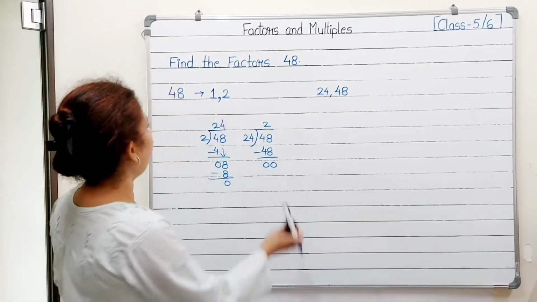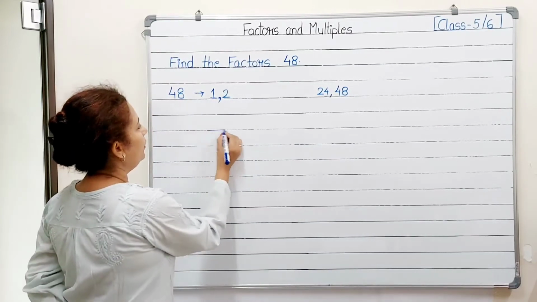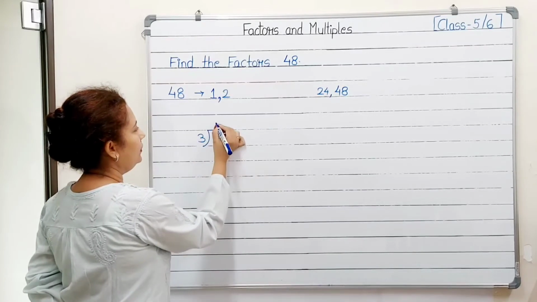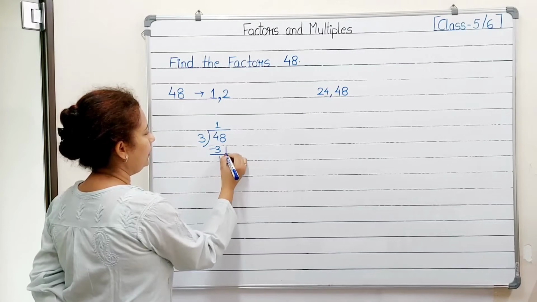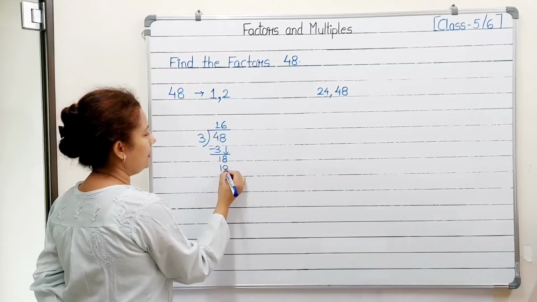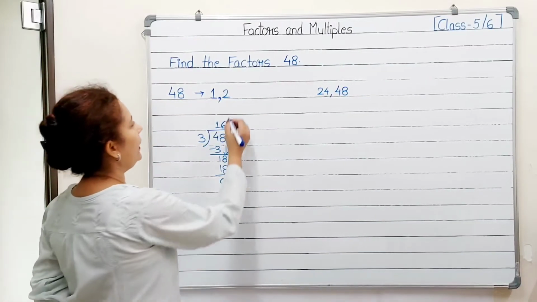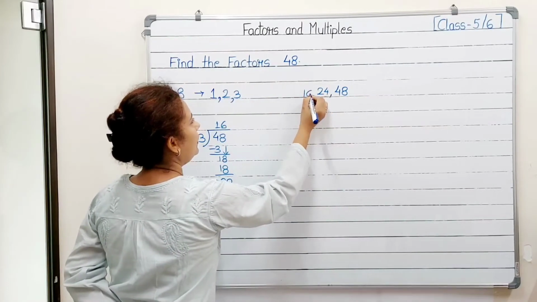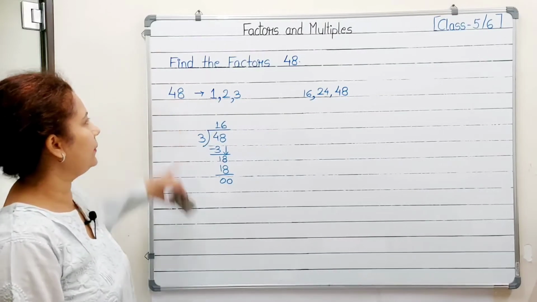Now next we will divide it by 3. 48 divided by 3. 3 into 1 is 3, 1 down 18, 3 6s are 18. So here 0. So next we can write that 3 and 16 both are factors of 48.